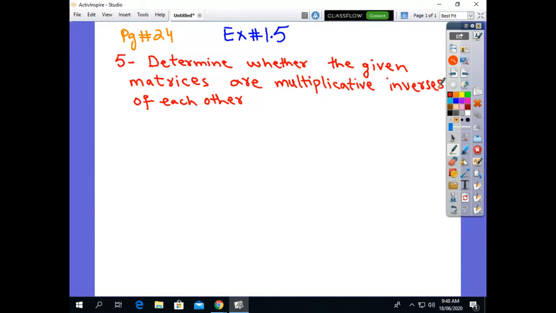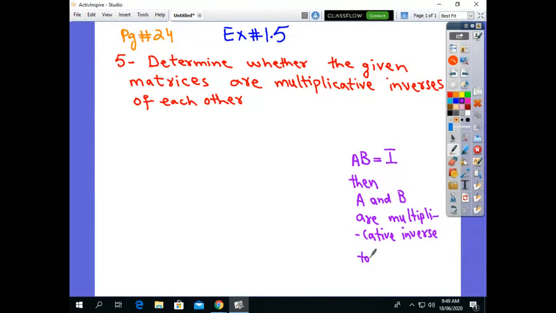When we multiply two matrices, that is, matrix A is multiplied with matrix B, if the product becomes an identity, then A and B are multiplicative inverses of each other.